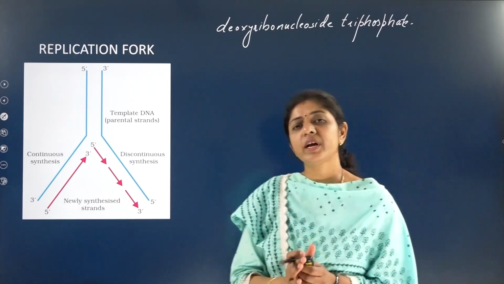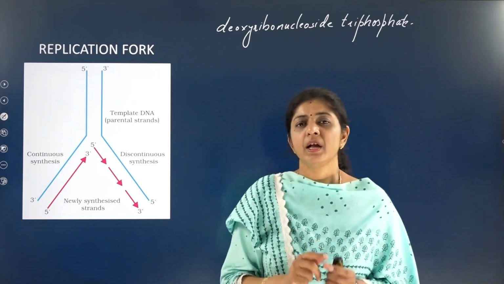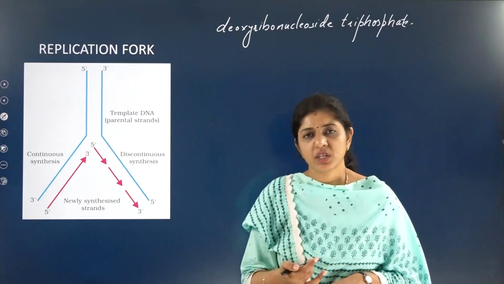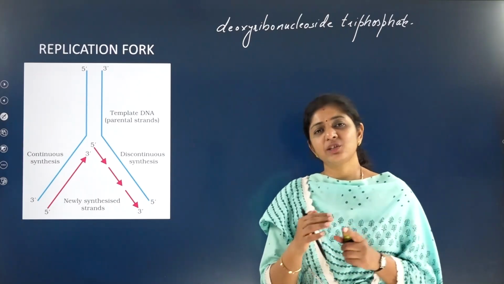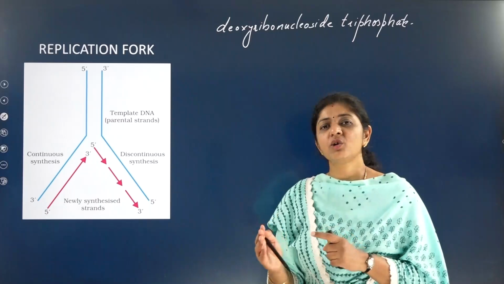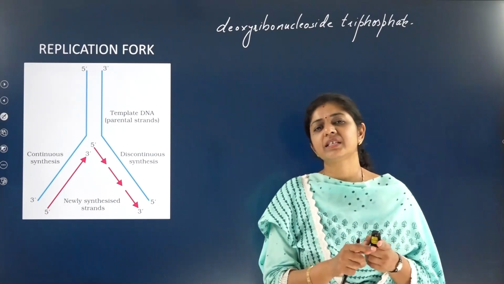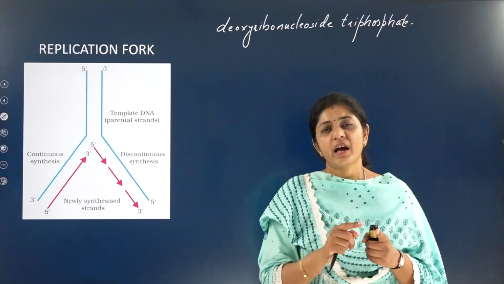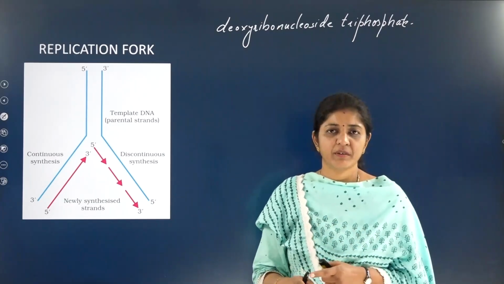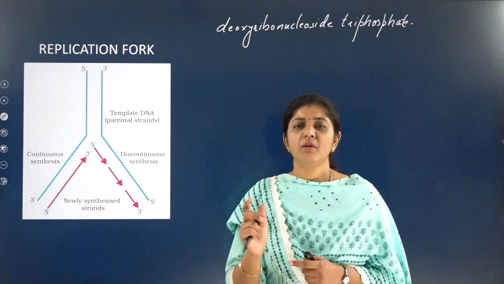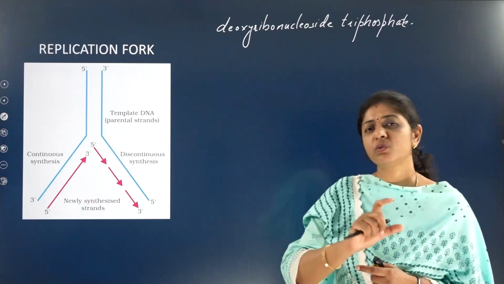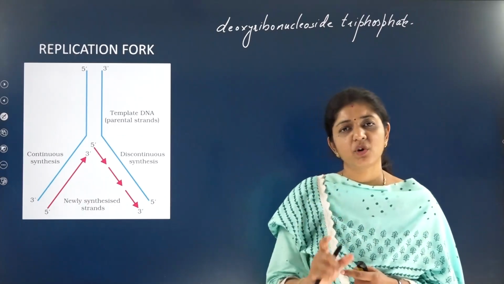Triphosphate. Usually nucleotides have one phosphate. Like if I say deoxyadenosine, actually it is monophosphate, but now two extra phosphates are coming with it, that's why you now call it deoxyadenosine triphosphate. Why have I used the word deoxy here? Because you need it for the new DNA strand to form, not RNA.